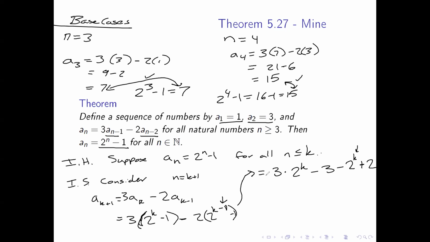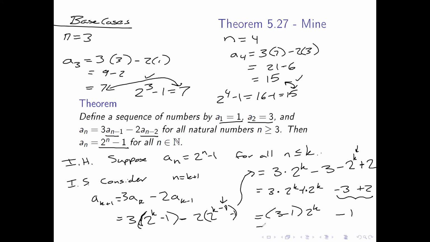Well, notice if I group this together, I have 3 times 2 to the k minus 2 to the k, minus 3 plus 2. This portion we know is minus 1. That's easy. And this portion is really a 1 times this, so this is really 3 minus 1 times 2 to the k.